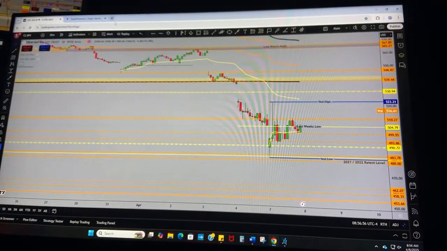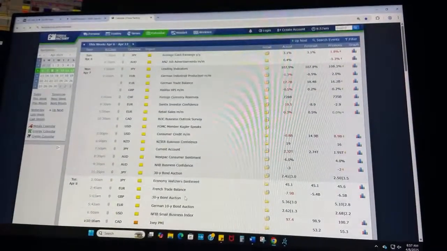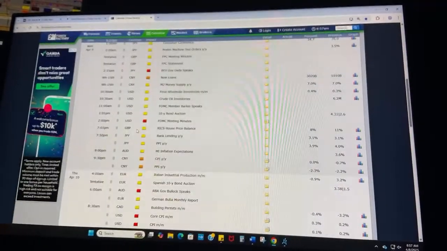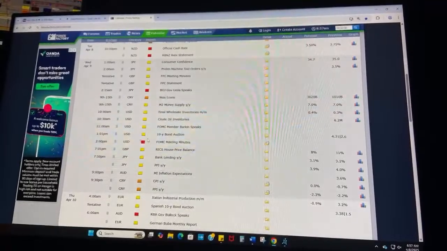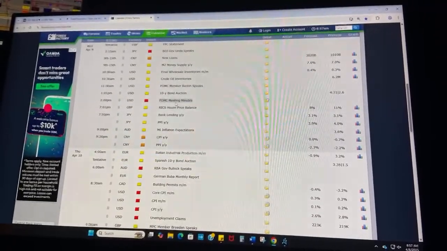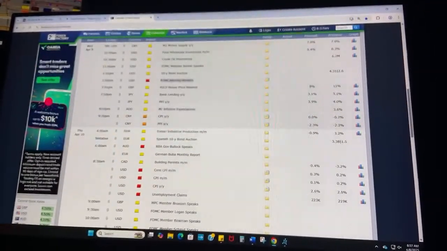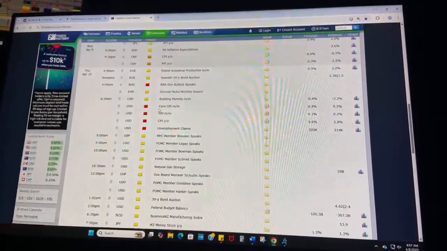Regarding this week, just to give you the lay of the land, as far as news announcements, we have Wednesday, tomorrow, 2 p.m. Eastern, the FOMC Fed meeting minutes. So it's not the announcement, but it's just taking questions and answers regarding their last meeting. And then Thursday we have core CPI and unemployment claims.